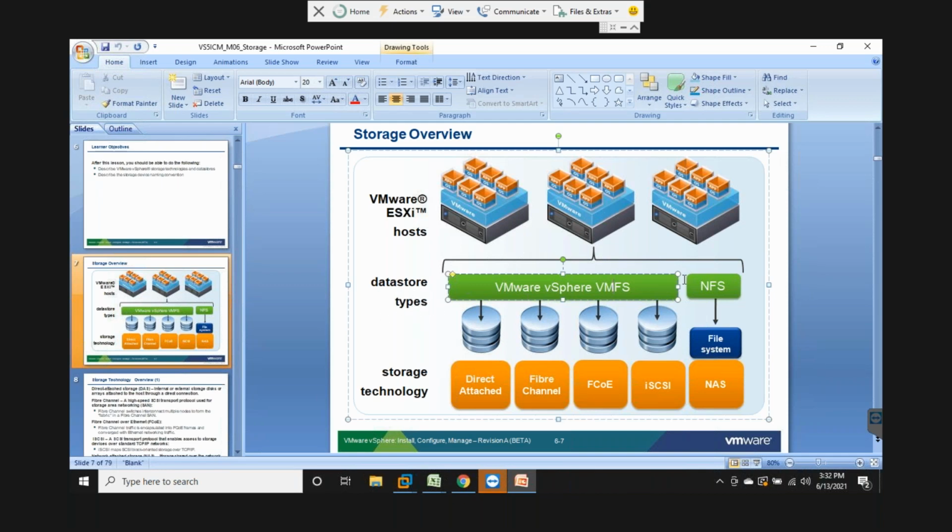You format any data store, it will be formatted as a VMFS file system. Another option, if your backend storage is NAS, network attached storage, it will be treated as a file system and converted into an NFS data store. All of them we will discuss in detail.